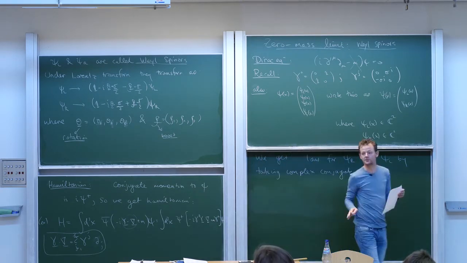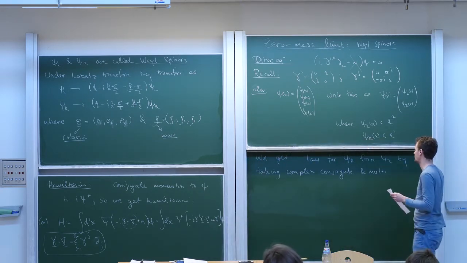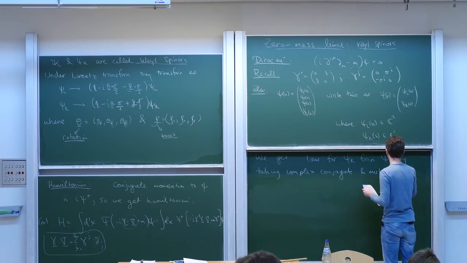So we can get the transformation of psi R from psi L by taking the complex conjugate and multiplying by sigma 2.